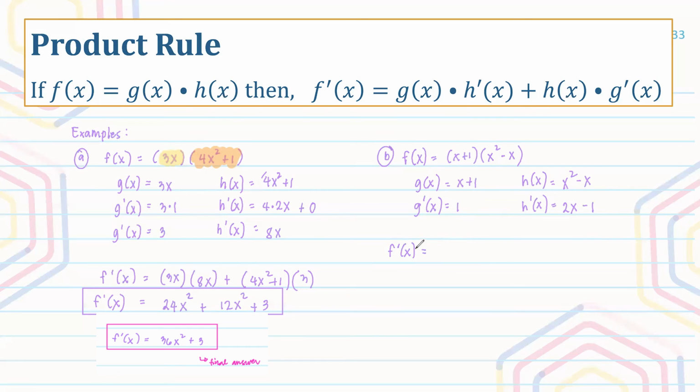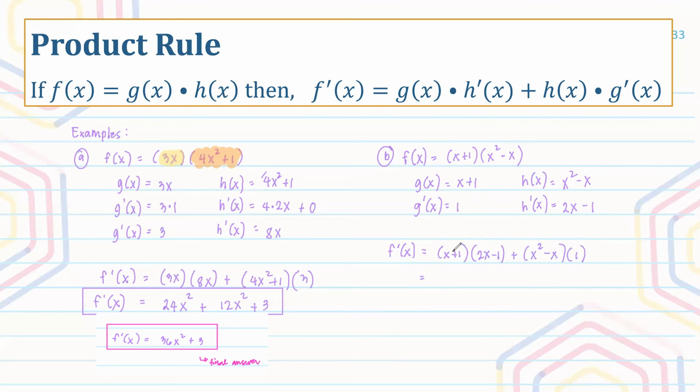So we have here f prime of x is equal to, just follow the formula. First we have g of x. Our g of x here is x plus 1 times h prime of x. H prime of x is equal to 2x minus 1 plus h of x, which is x squared minus x, and g prime of x, which is 1.